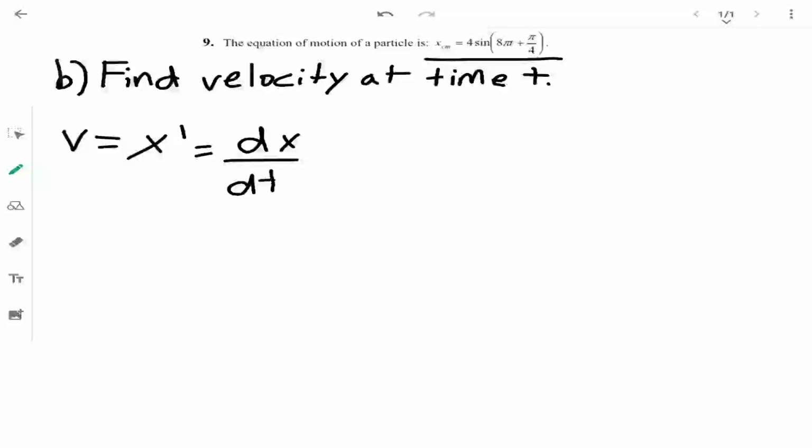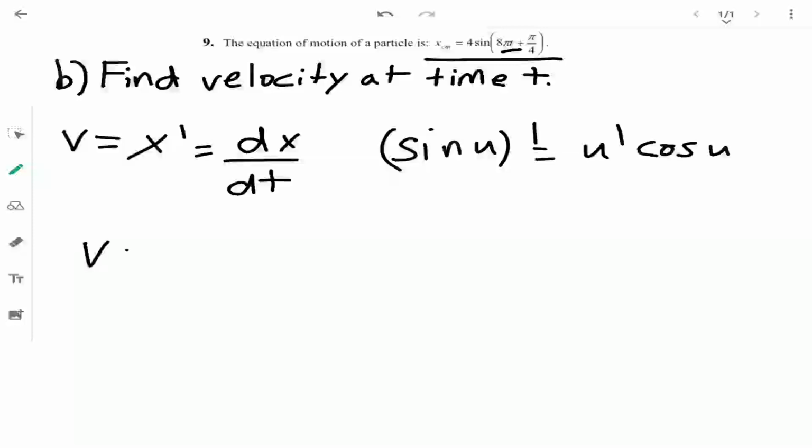So now, as we should all know, the derivative of sine u is equal to u prime cosine u, right? So now in this equation, 8 pi t plus pi over 4 is our u. So now pi over 4, you derive it, you get 0. 8 pi t, if you derive, you get 8 pi. So you do v equals 8 pi times 4, because the outside stays the same, cosine 8 pi t, because the inside stays the same, plus pi over 4.